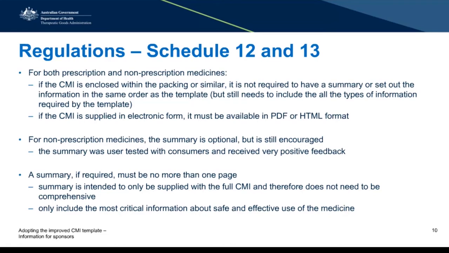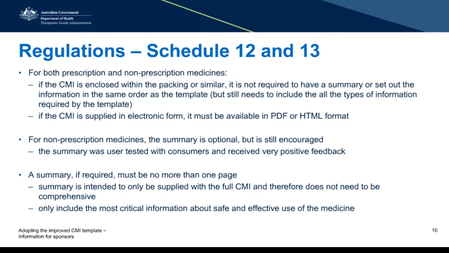So you're already getting 4 or 5 lines of text freed up there. You'll see if you actually look at the summary template, there isn't a lot to actually add in. It's mainly like a roadmap. It's almost like a table of contents that allows the consumer to see the most critical elements about the safe and effective use of the medicine. It's not comprehensive.